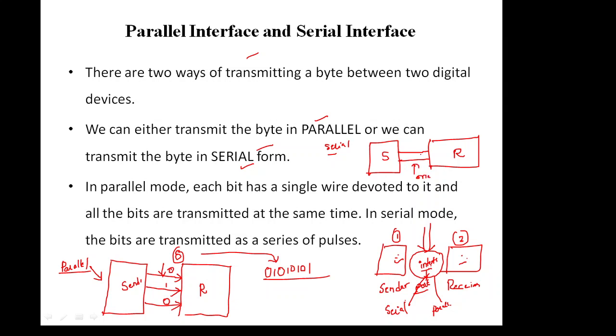So here you will have 0, 1, 0, 1, 0, 1, 0, 1. First bit will be transferred, then next, bit by bit it transfers the data. When it comes to the parallel mode, all at once we have the transfer of data.